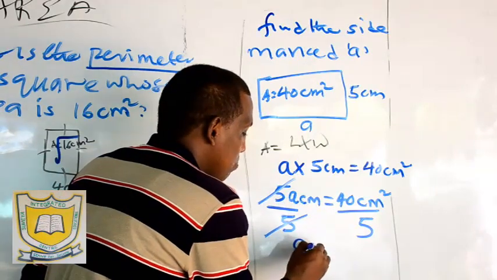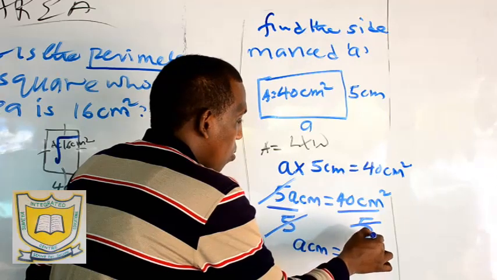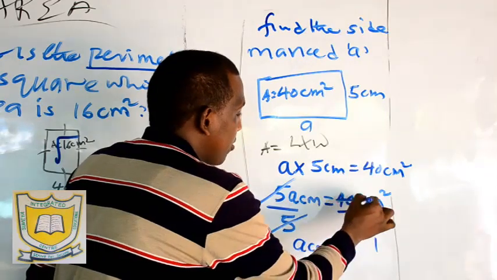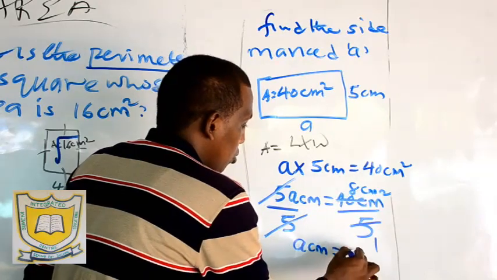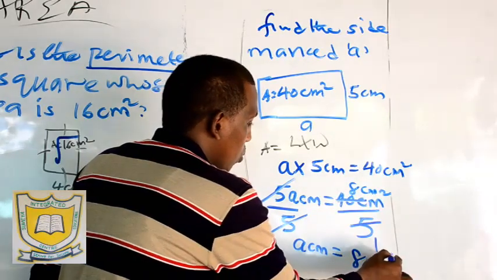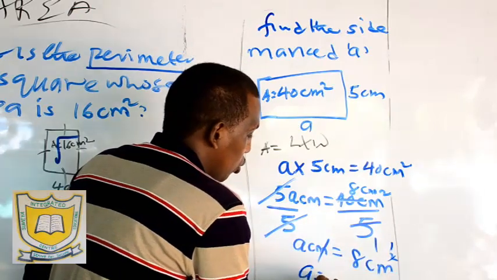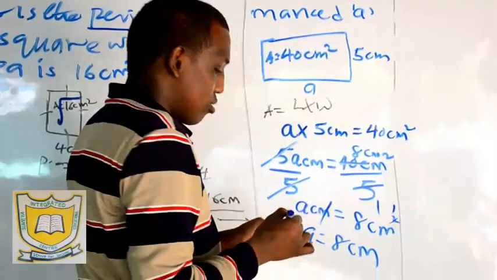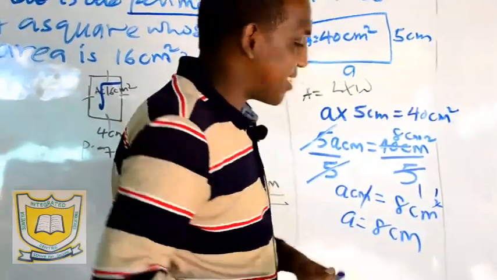A is equal to 40 by 5, which is 8 centimeter squared by centimeter, so A is, in short, 8 centimeter. You say 40 divided by 5, you will get 8 in a simple way.